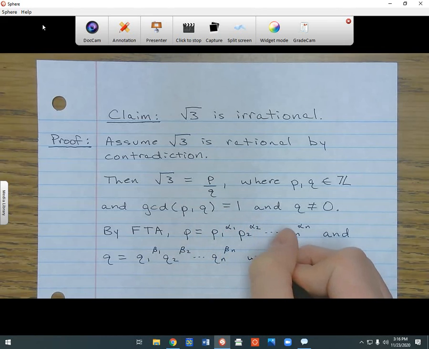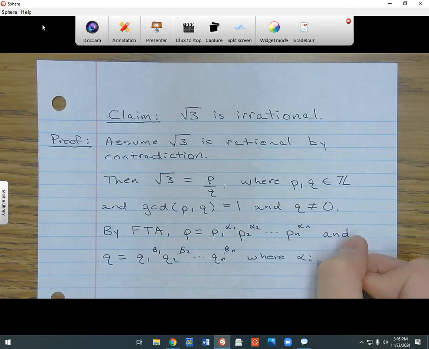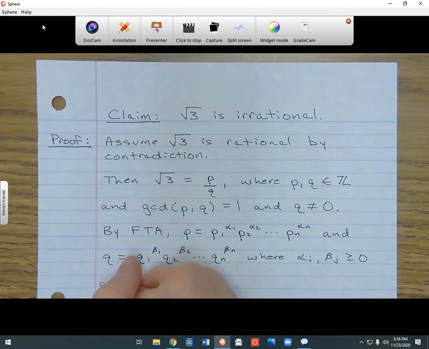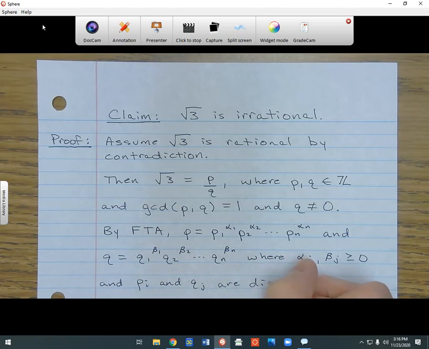So we can get all these exponents, the alpha i and the beta j, these are all at least 0, right? And we can say that the pi and the qj, those are all just distinct prime numbers, like I've said before. So these are all distinct primes.